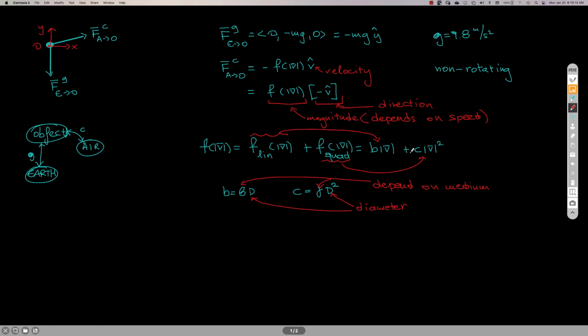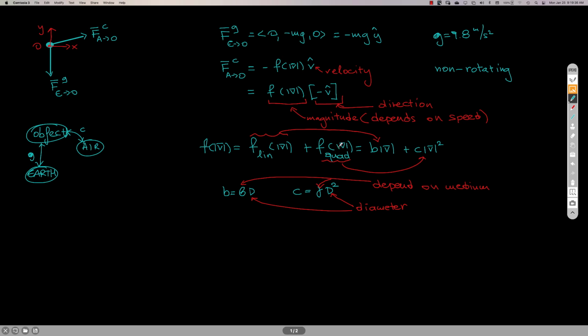So this is one way that we can use to model the magnitude of the contact force with the air. Okay, a sum of a linear and quadratic term. Now it often happens that from those two terms, only one of them is important.